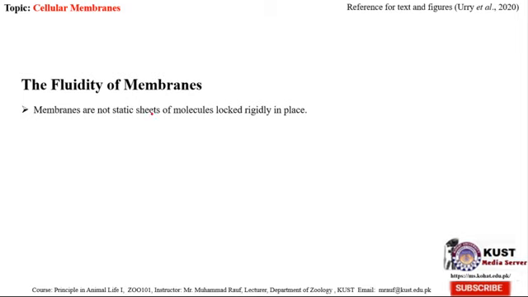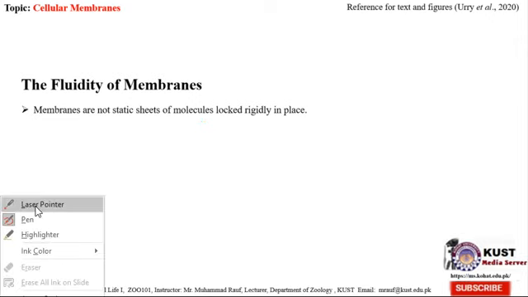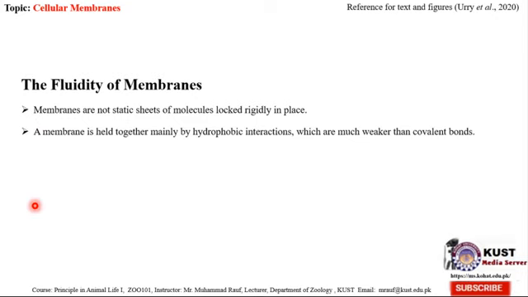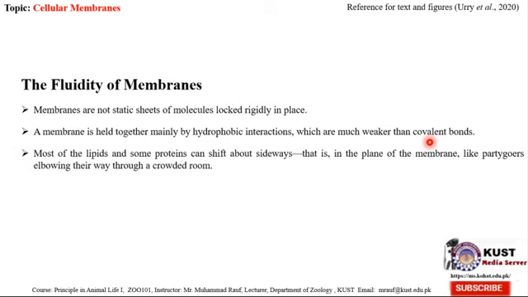So membranes are not static sheets of molecules locked rigidly in place. A membrane is held together mainly by hydrophobic interactions, which are much weaker than covalent bonds. So most of the lipids and some proteins can shift about sidewise.